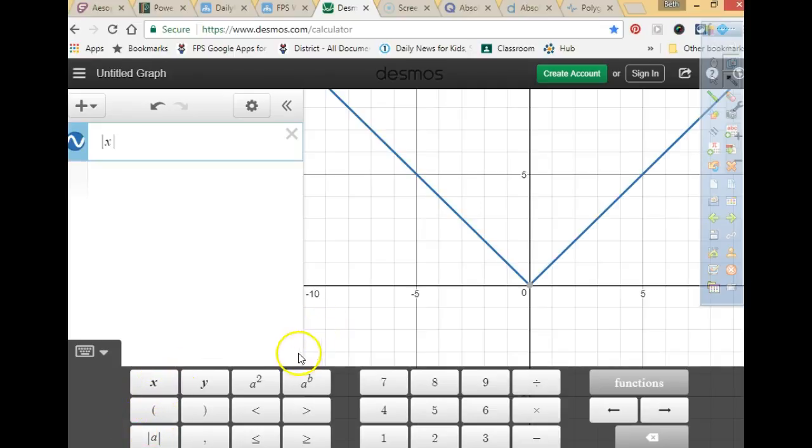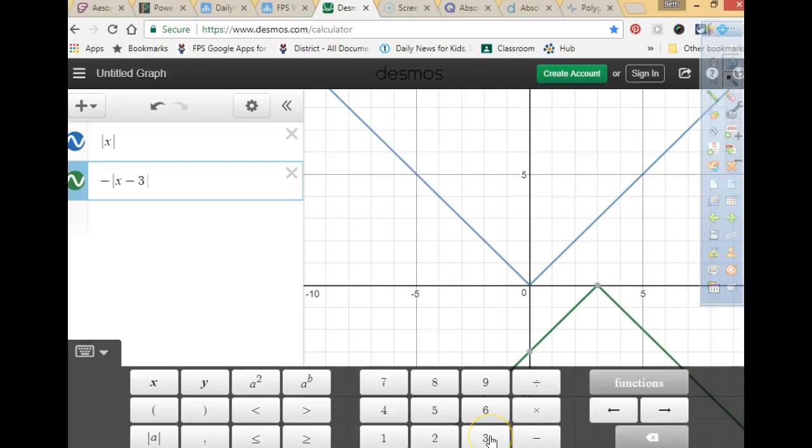Then go to number 2 and put in equation B. It's nice about this, different than a bracket calculator, that you actually get to use the negative here. So you're going to have negative absolute value of x, and in this case we were looking at -3 inside, and then we're going to answer those questions.